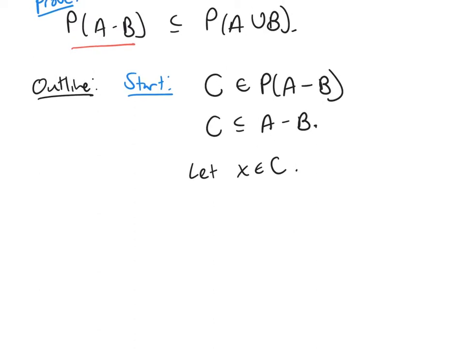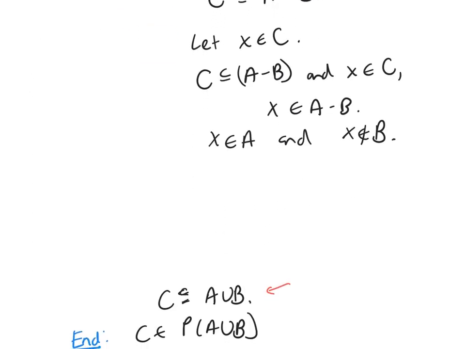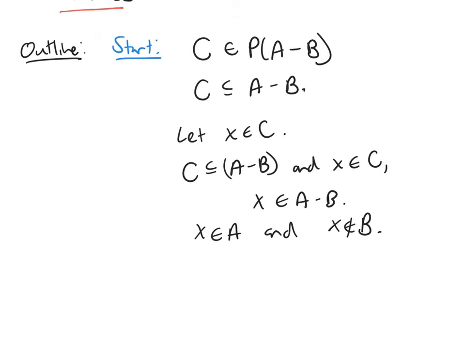Well, we know that C is a subset of A minus B, and X is in C, so I can now say that X is in A minus B. But that tells me X is in A and X is not in B. What did I need to say X was in? I needed to say X was in A union B. Well, look right there.